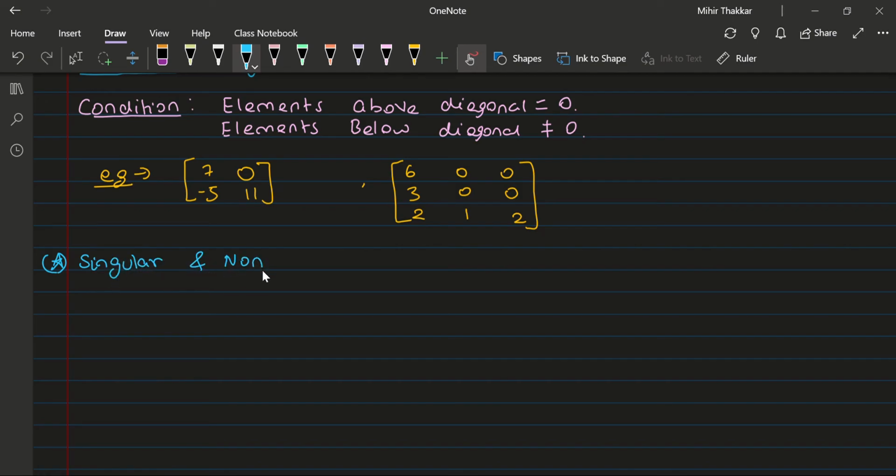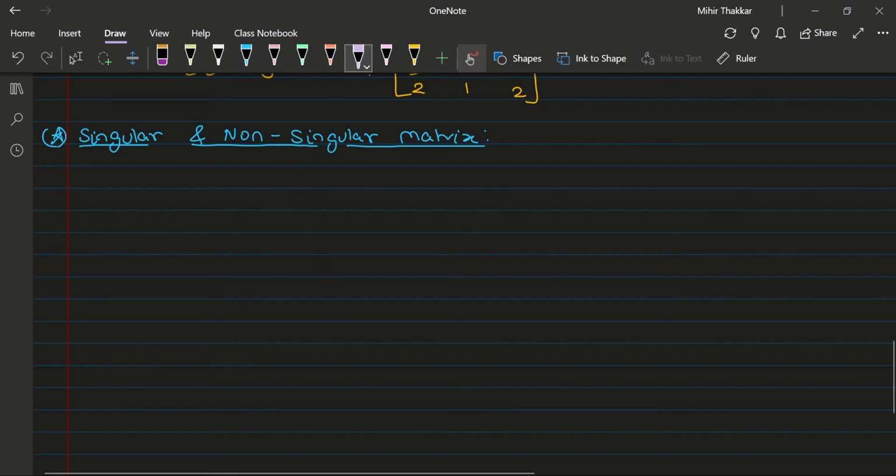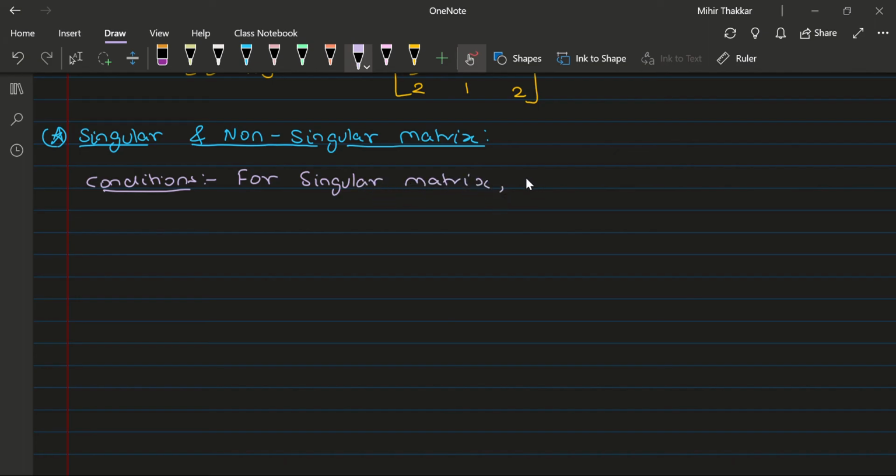Singular and non-singular matrix. Okay, so when we talk about singular matrix, the condition for singular matrix, determinant of that matrix must be equal to 0.